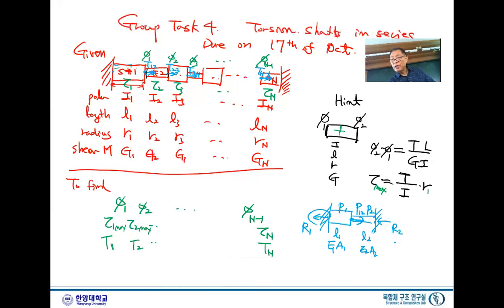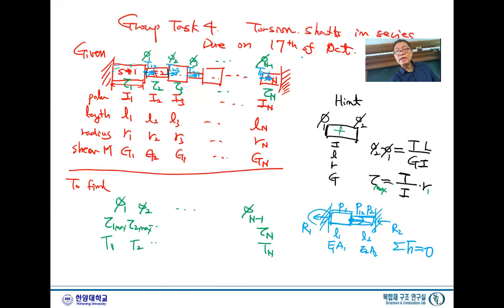Reaction forces, but equilibrium-wise only one equation, right? So this is a statically indeterminate problem. But what we know is that this angle of rotation and this angle of rotation have to rotate the same amount, right? Considering that, we would have the same number of equations to solve, the number of given and the number of unknown will be the same.